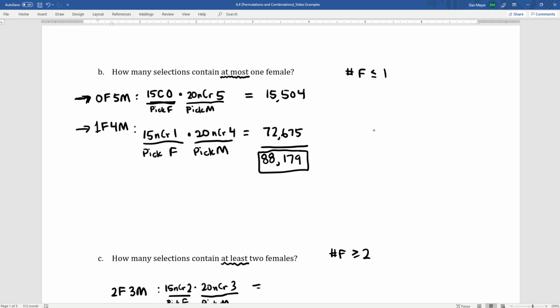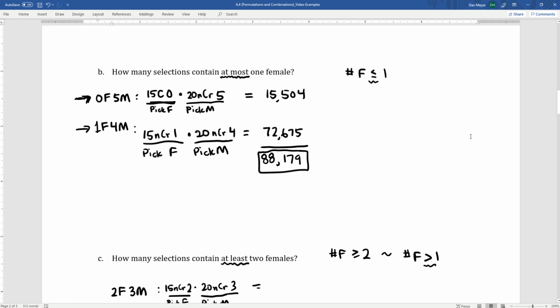In this case, that's equivalent to saying that the number of females is strictly greater than 1. Notice that less than or equal to 1 and greater than 1, those are complements. So these 2 events are complement events.